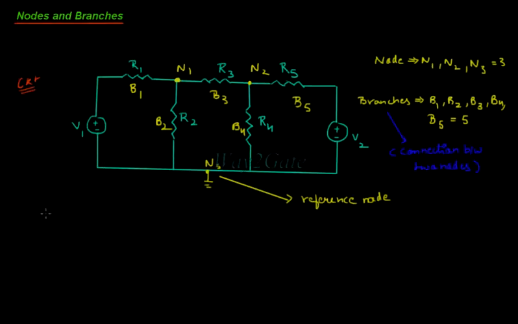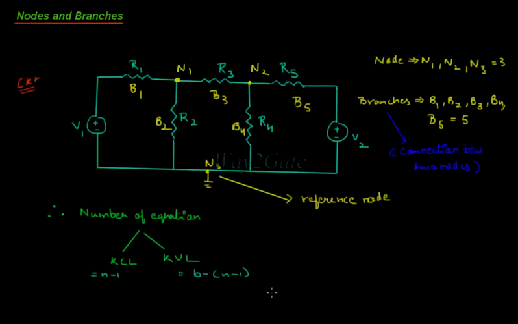If we know the number of nodes and branches, we can easily find out the number of equations for both KCL and KVL. The number of KCL equations is equal to n minus 1, and the number of KVL equations is equal to b minus (n minus 1).